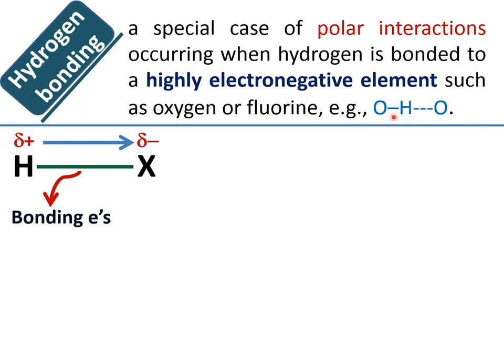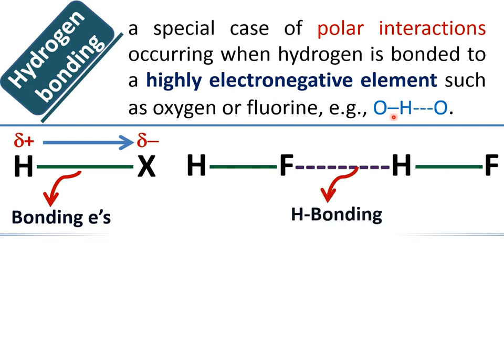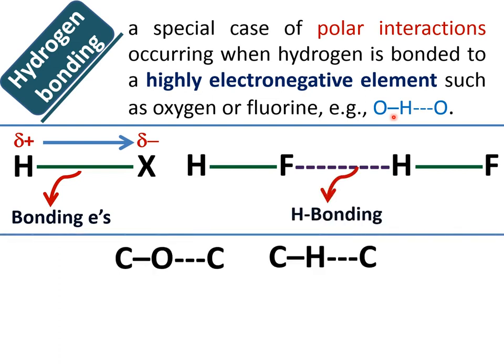How about the attractions between hydrogen and the carbon, and between oxygen and the carbon? Can we call this a hydrogen bond? Unfortunately, we cannot consider this as hydrogen bonds, because the difference in electronegativity is not so big between carbon and hydrogen, and between carbon and oxygen. The difference is not large.